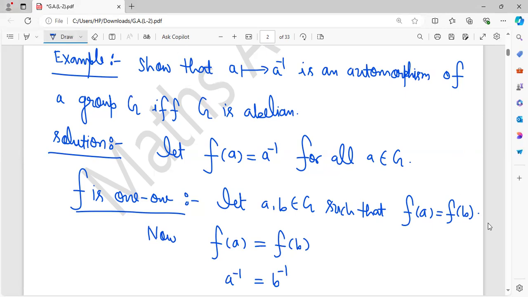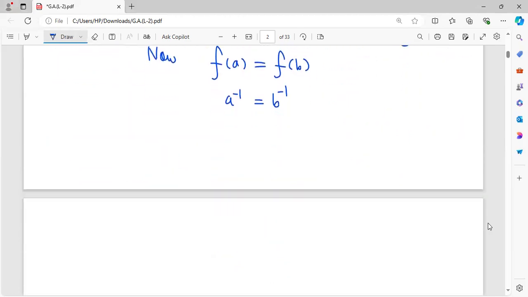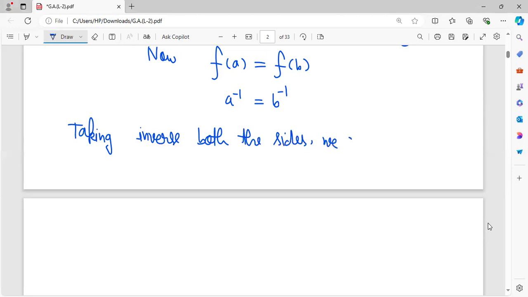So take inverse on both sides. A inverse, inverse; B inverse, inverse.